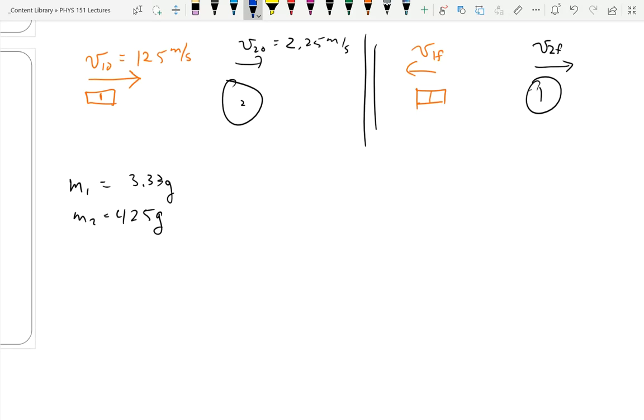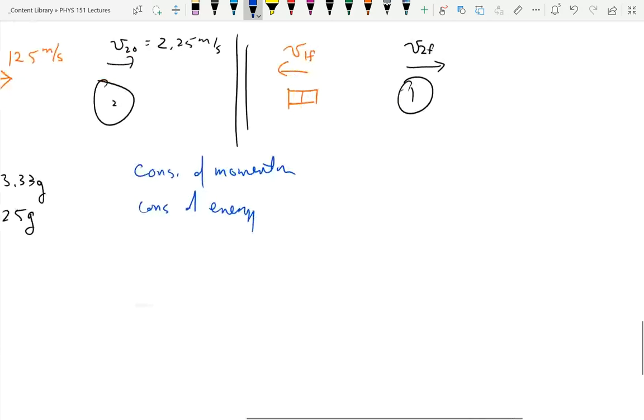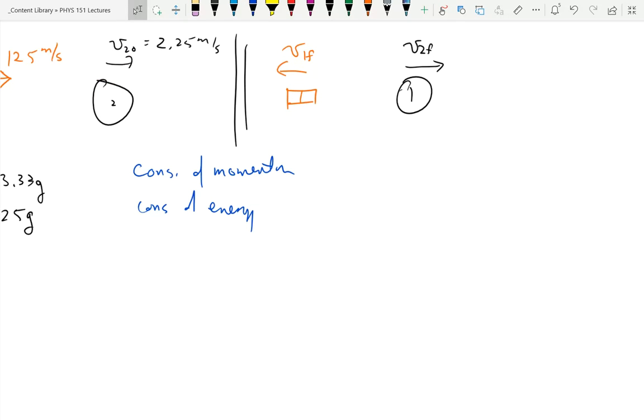So we're going to have two conditions: conservation of momentum and conservation of energy. Now, we can work this the hard way or the easy way. I won't have the equation for the easy way on the test, but I won't mark you off if you remember. Yes, Oksana.